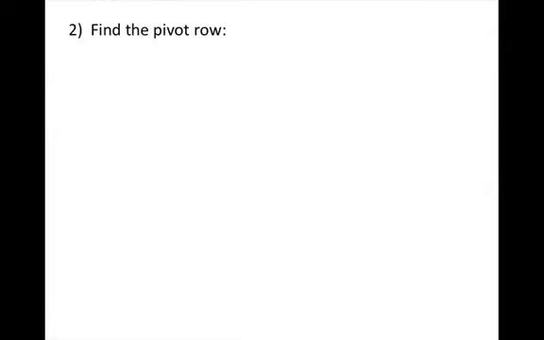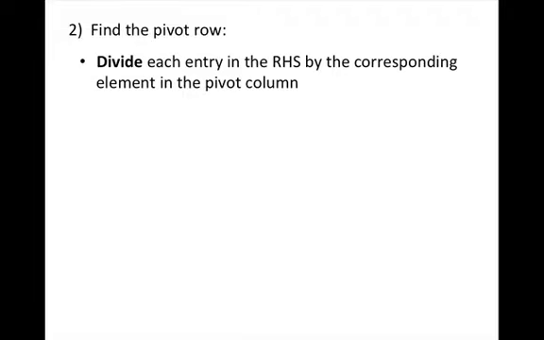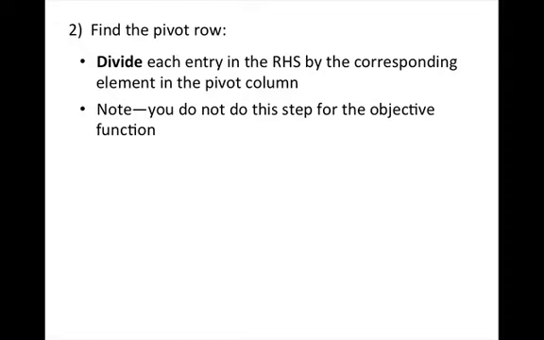Now to find the pivot row, there's a couple of steps you need to do. First, we're going to divide each entry in the right-hand side by the corresponding element in the pivot column. Just as a note, we don't have to do this for row 3. We're only looking at the rows above the objective function.